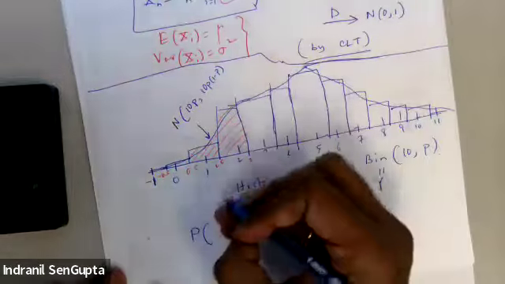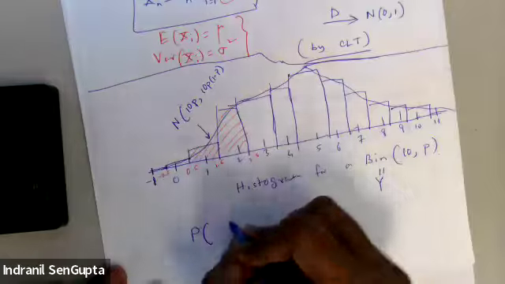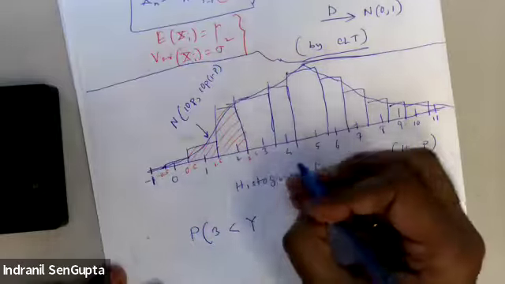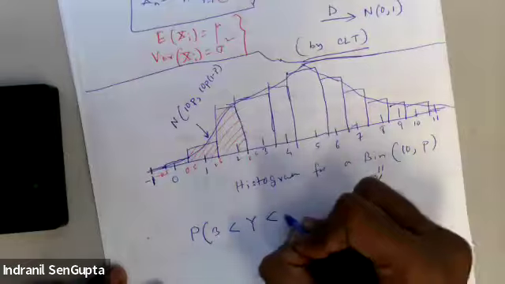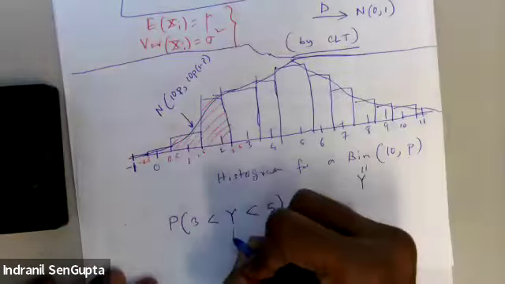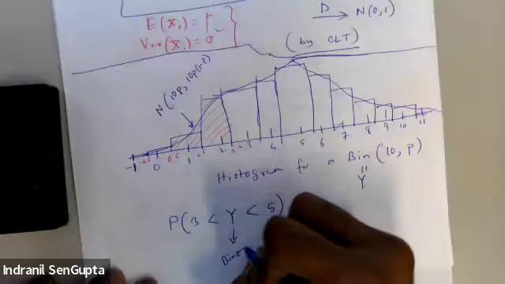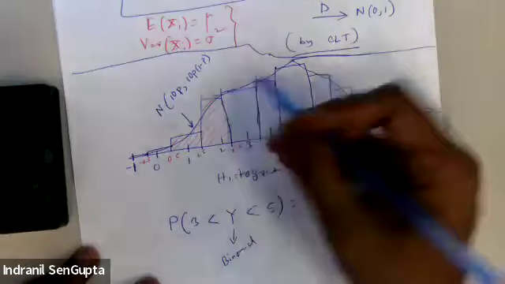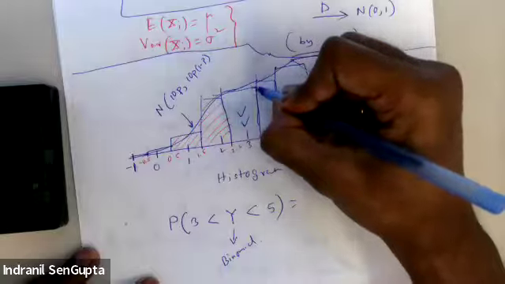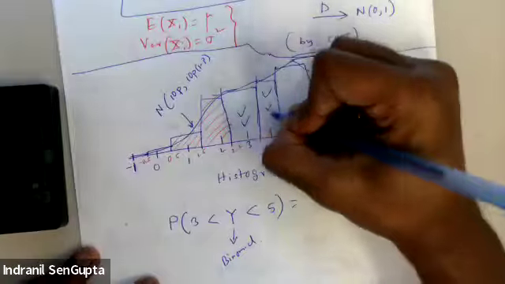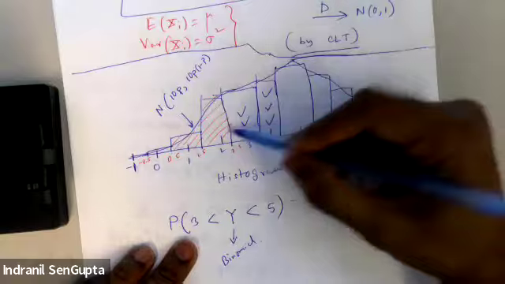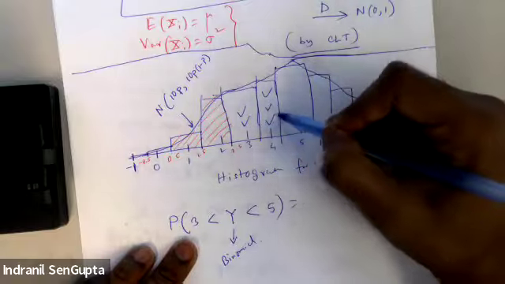So essentially, if I want to compute 3 less than y less than 5, where y is in a binomial distribution, and I wanted to do it from this table, I simply count how many frequencies are in 3 and how many frequencies are in 4, and that's it, right? Those frequencies make up the total number of frequencies.